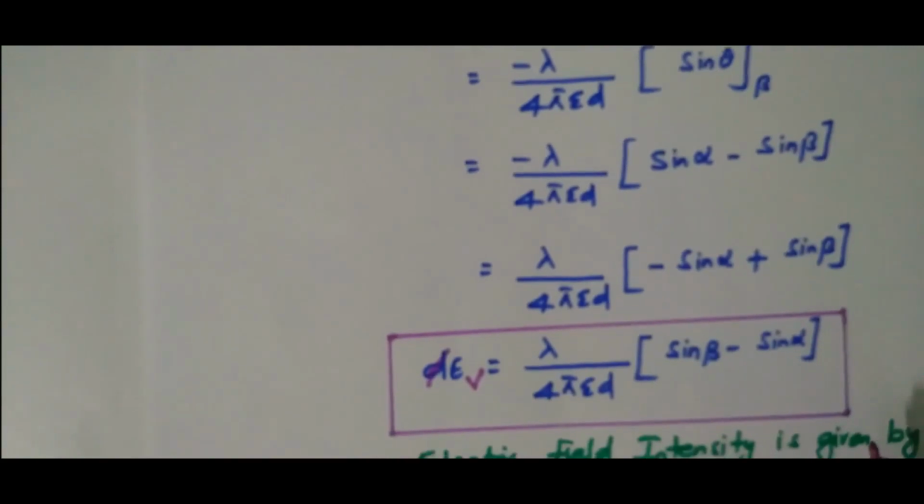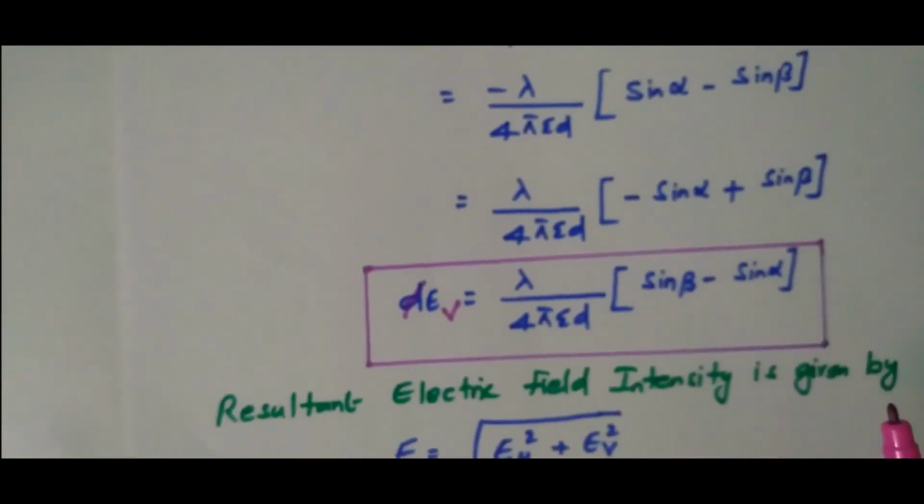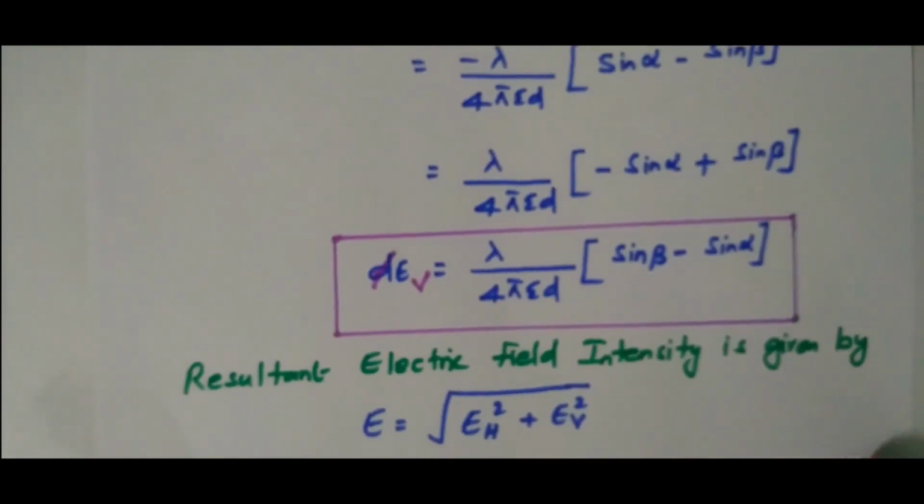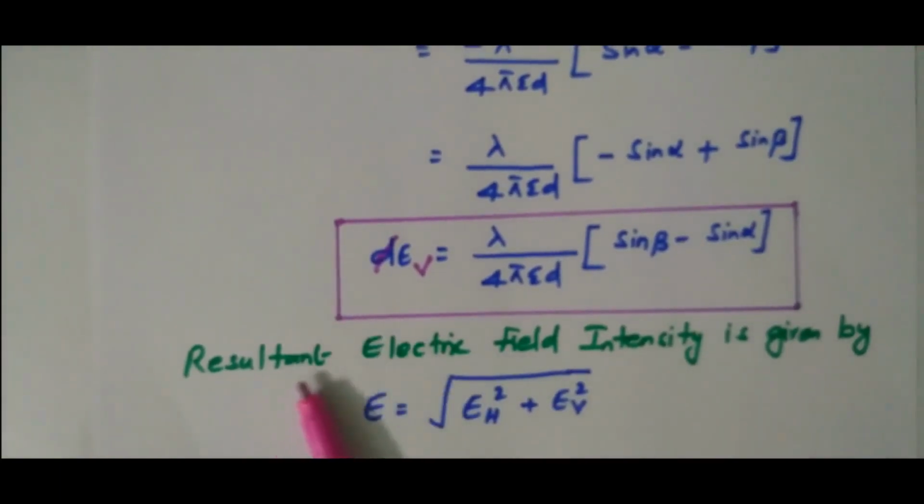So finally EV equals lambda divided by 4 pi epsilon d, sin beta minus sin alpha. This is the vertical component. Then I will get the total component. The resultant electric field intensity is E equals square root of EH square plus EV square.